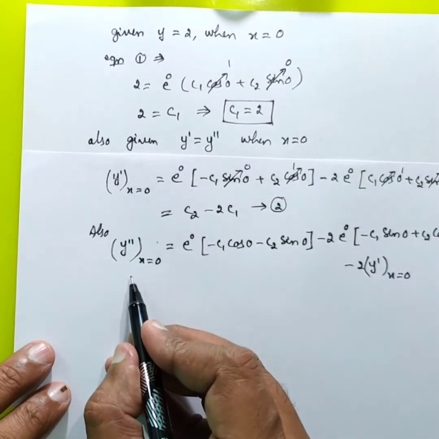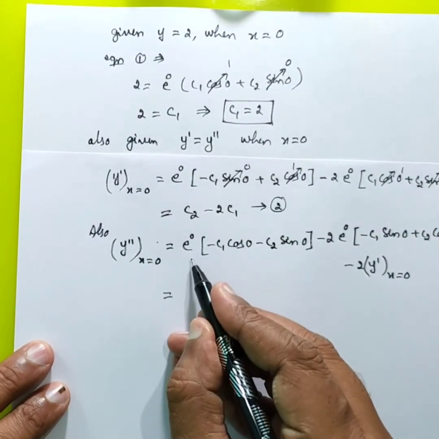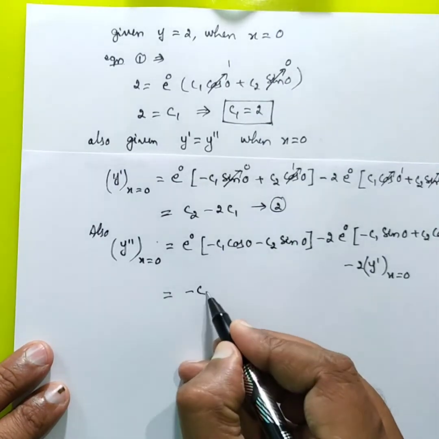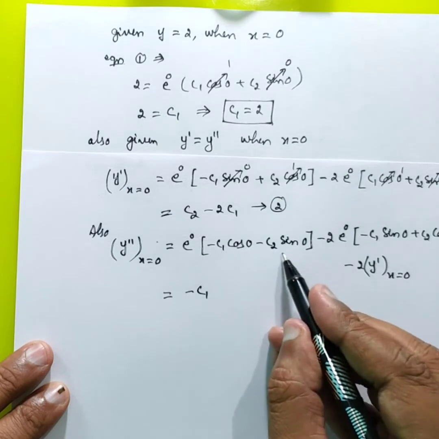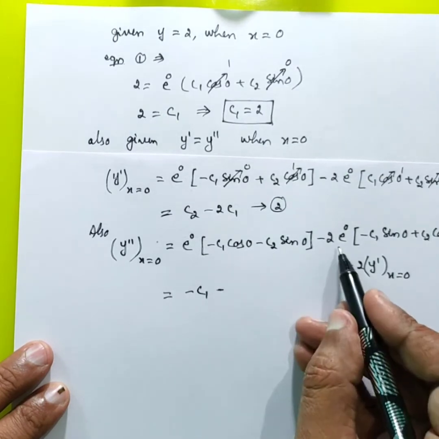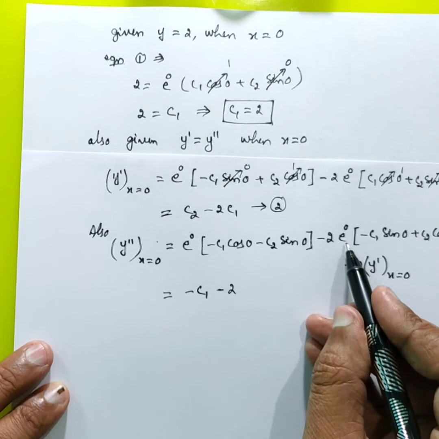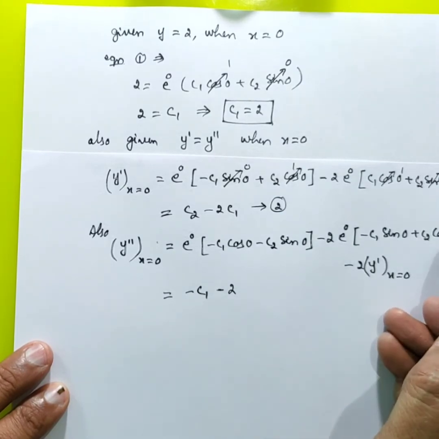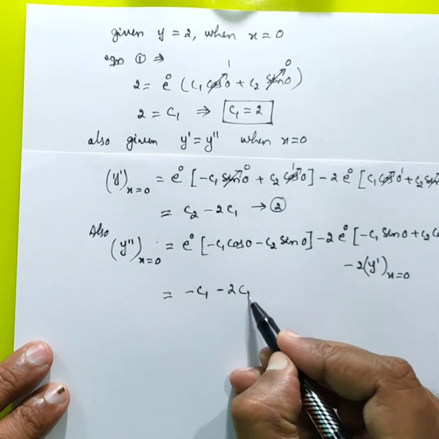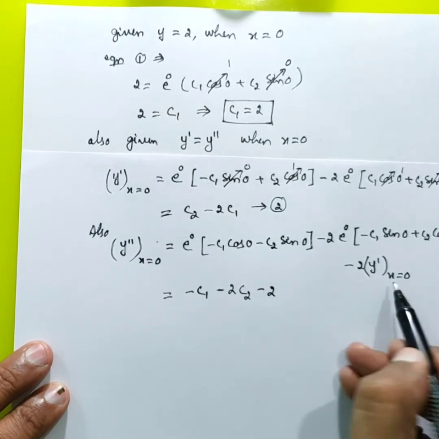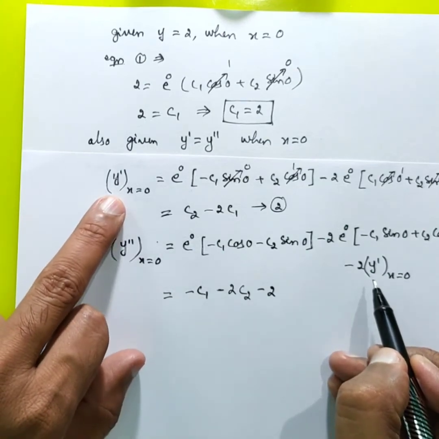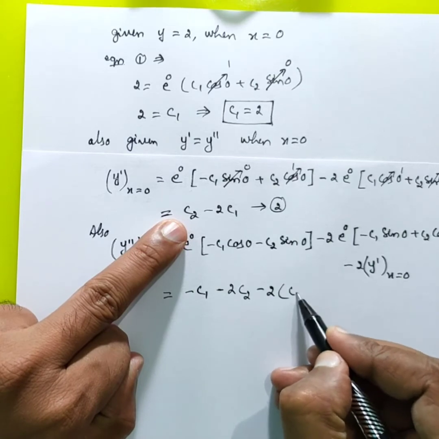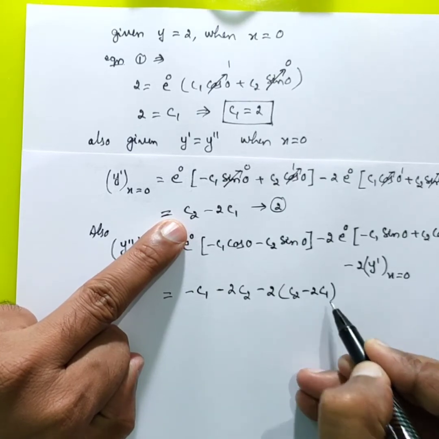We try to simplify this one. This e power of 0 is 1 and cos of 0 is 1, so we'll be getting minus c1. This becomes 0, you can ignore it. Then minus 2 times, e power of 0 will be 1, sin 0 will be 0, you can ignore this one. Cos 0 is 1, you're left with c2. And here minus 2 times y dash at x equal to 0 is already there. You can plug in that value, which is c2 minus 2 times c1.